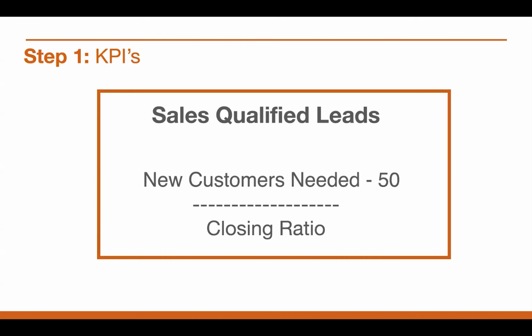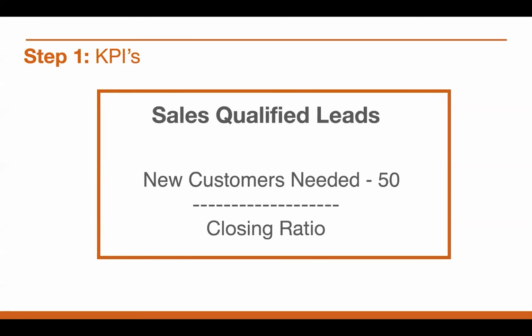And then what we do is we divide it by the closing ratio of your sales team. Whilst every MSP, and myself included, would like to think that if a lead came in, it would result in a sale, it doesn't always work like that, as we all know. So I'd say on average, the closing ratio is probably between 1 in 3 or 1 in 4.